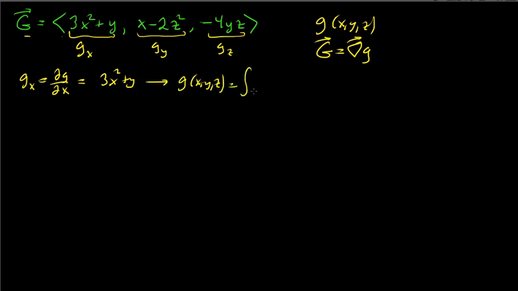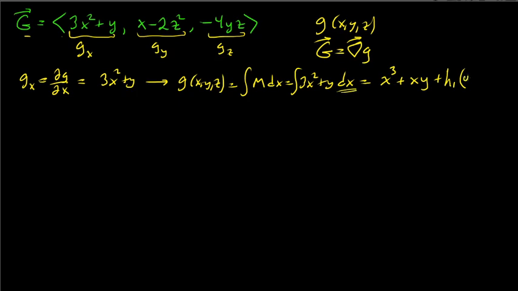we're just going to integrate, right, m with respect to x. That's the integral of 3x squared plus y with respect to x. So we're going to get x cubed plus xy plus now some function, I guess I'll call it h1, of this was with respect to x.